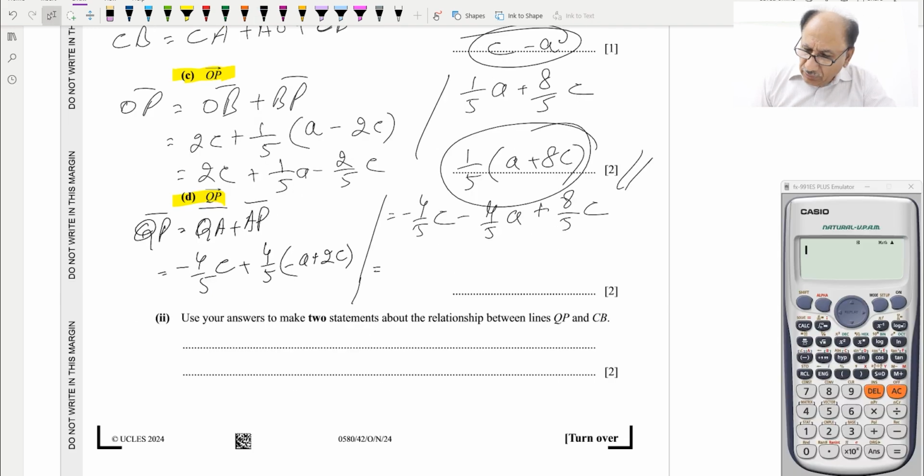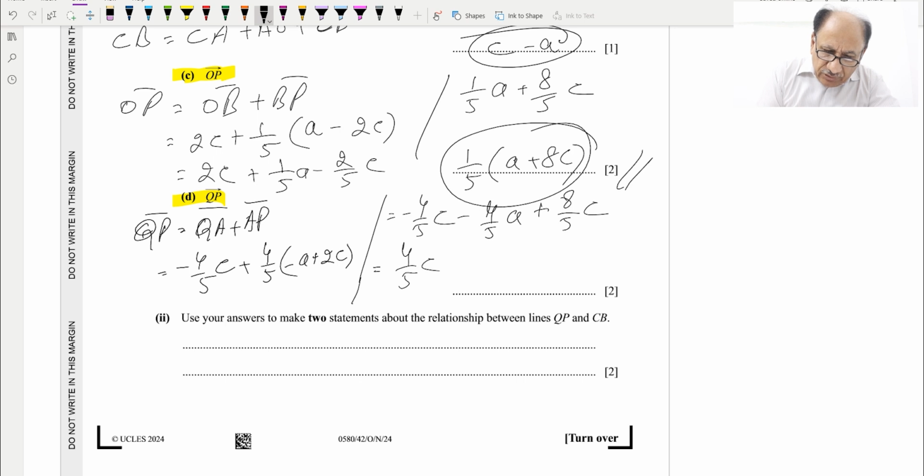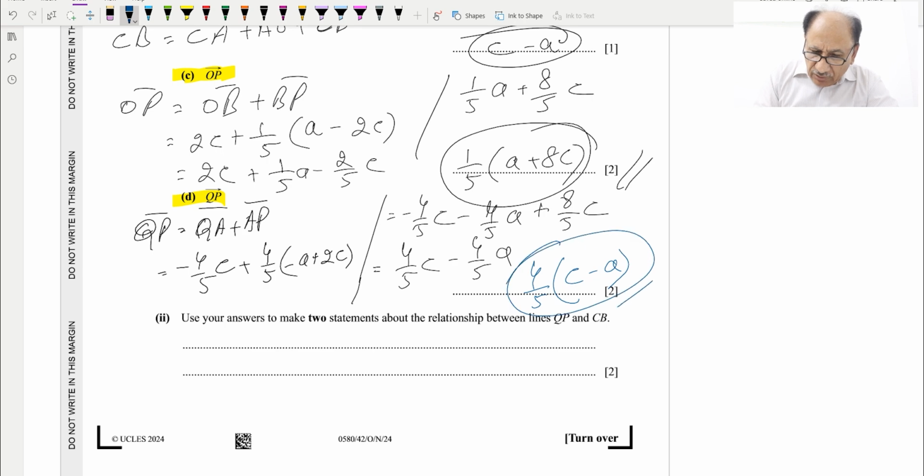Now minus 4 over 5 plus 8 over 5 will give us 4 by 5. So 4 by 5C minus 4 by 5A, and 4 by 5 we can take common. The answer I will write in a different color so you can identify it. 4 by 5 times inside will be C minus A. So this will be our answer for 2 marks. Hopefully you understood this.